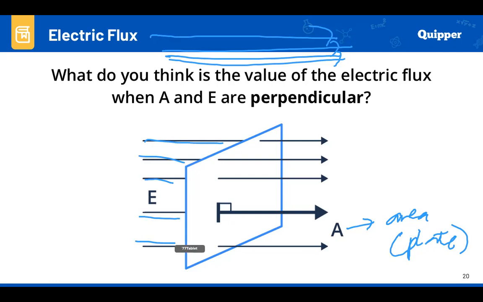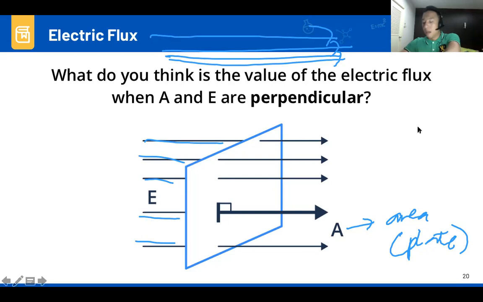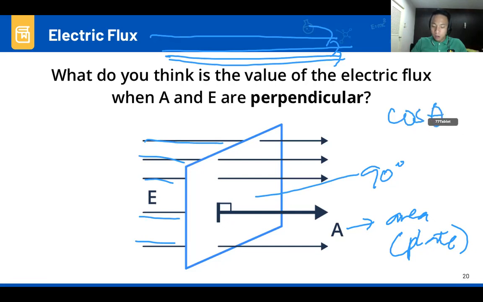So, okay, I have a paper here. If this is the paper, this one is perpendicular to the electric fields. Okay, if they are perpendicular, of course, we have 90 degrees. Right? So we have an angle. And we all know that cosine 90 degrees is equal to 1.